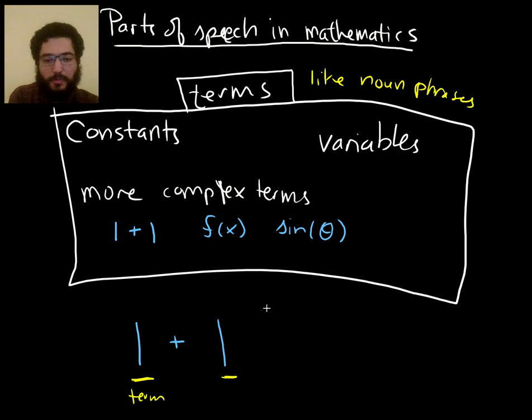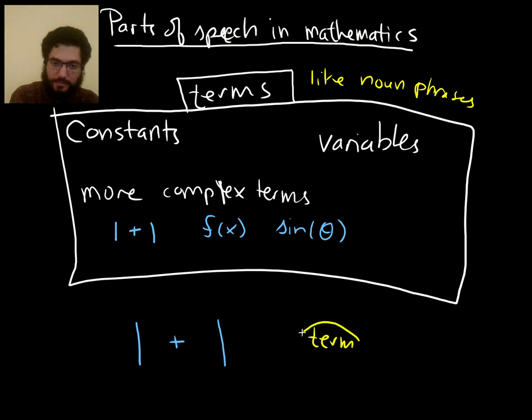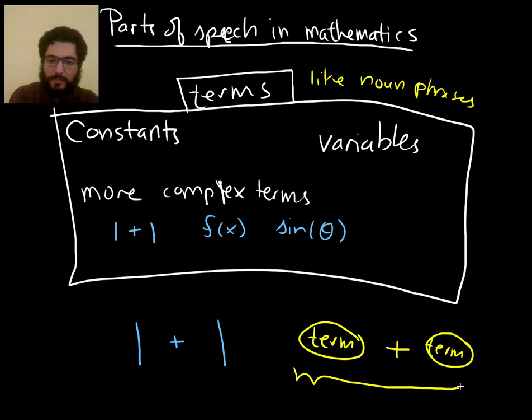So somewhere in our description of the rules of the grammar of math, we have to say something like this. If you take a term, any term you want, and another term, any term you want, and you stick a plus symbol between them, then what you get overall is a term. Somewhere we have to say something like that. And that's what makes this a term.